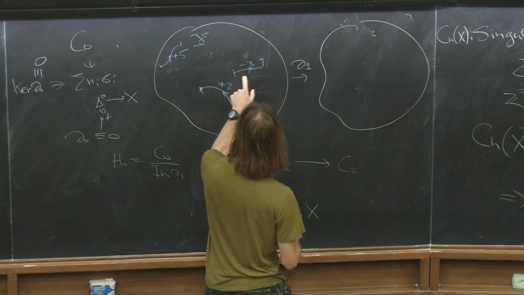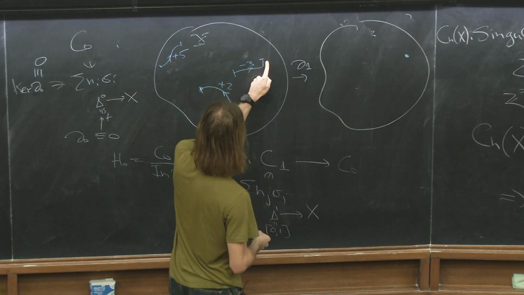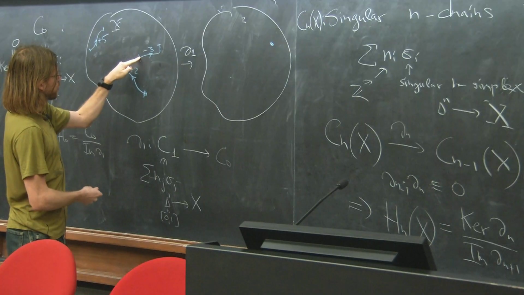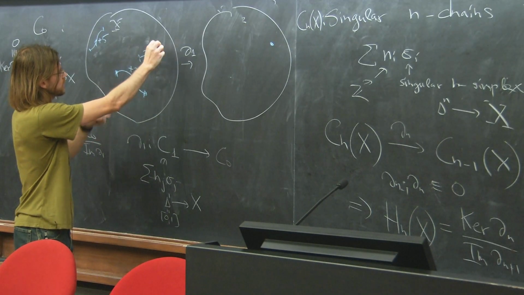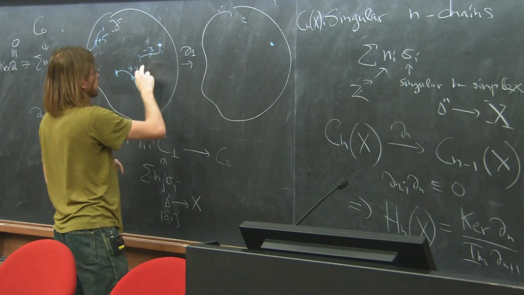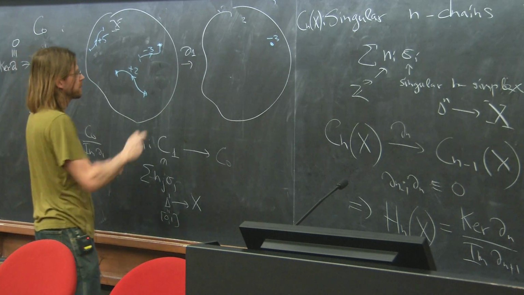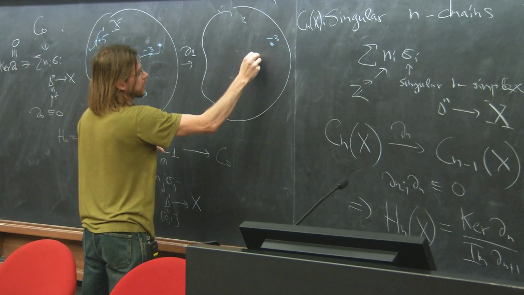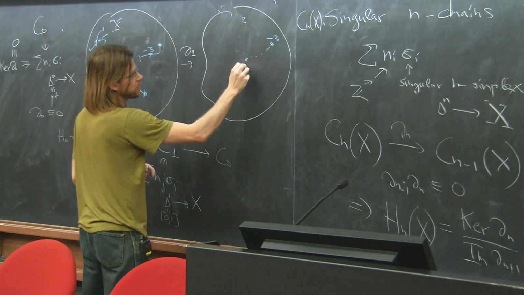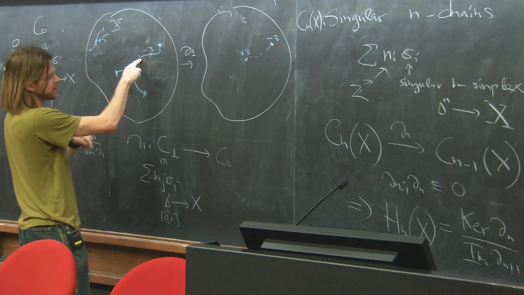For each of these, the operation d is given by first considering the last vertex, which gives you a 0 simplex with the same weight. Then you remove this vertex and keep just the other vertex, and this gives you a 0 simplex with opposite weight.